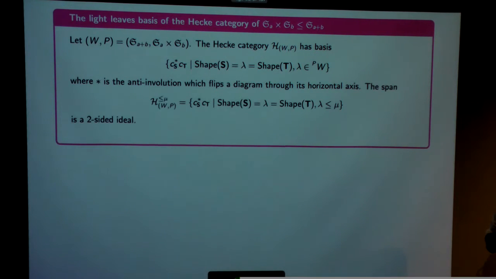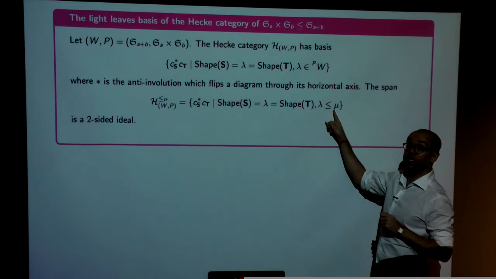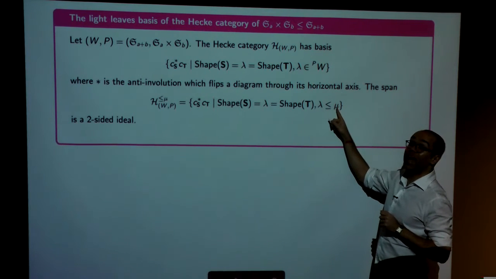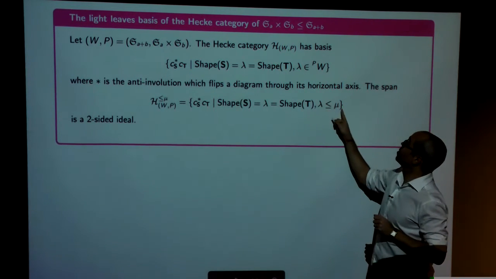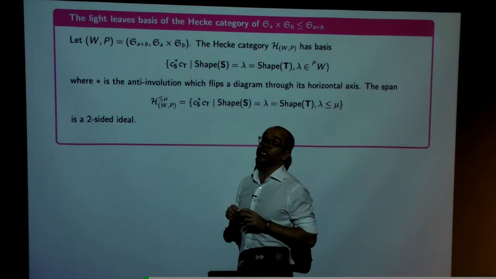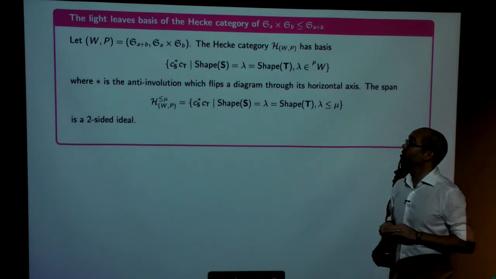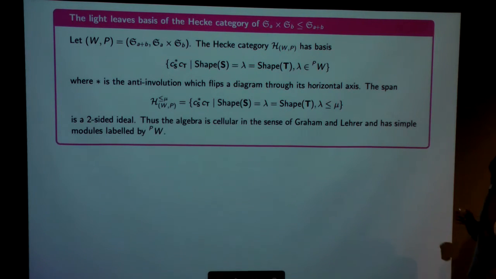And it is a cellular algebra, which just means that if I consider all the points below a given point in the Bruhat graph, so fix mu, any point in the graph, consider all of these things of shape less than or equal to mu, this is a two-sided ideal in this algebra. And that's the definition of a cellular algebra, basically. There's no missing axiom there, I don't think. I think it's complete. So this is a cellular algebra in the sense of Graham and Lehrer.